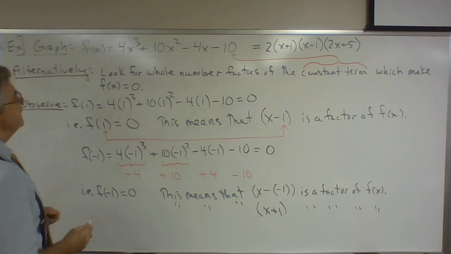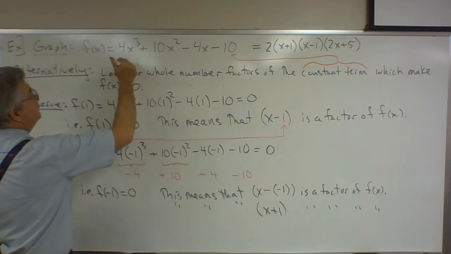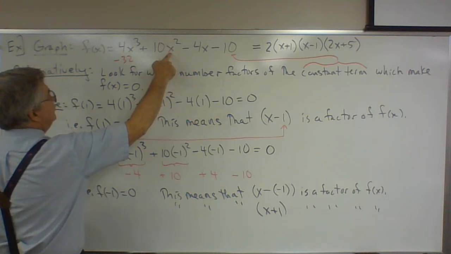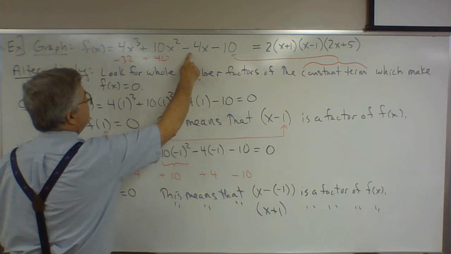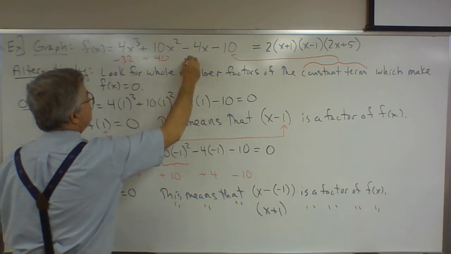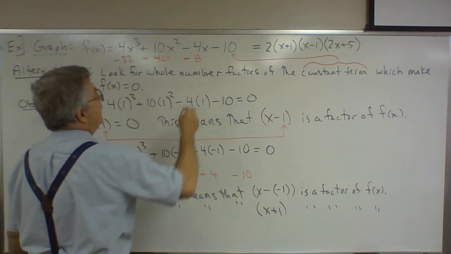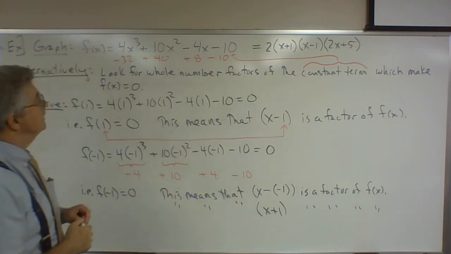Let's plug in negative 2. Negative 2 cubed is negative 8 times 4 is negative 32. Negative 2 squared is plus 4 times 10 is 40. Negative 4 times negative 2 is plus 8, minus 10. Well, let's see.